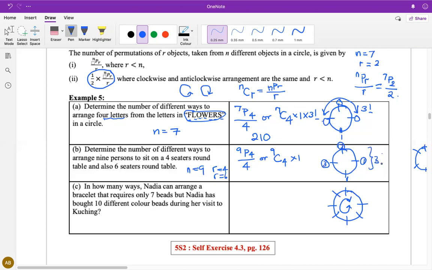So this is 3 factorial. You'll get the same answer. So 9P4 divided by 4 is 756.